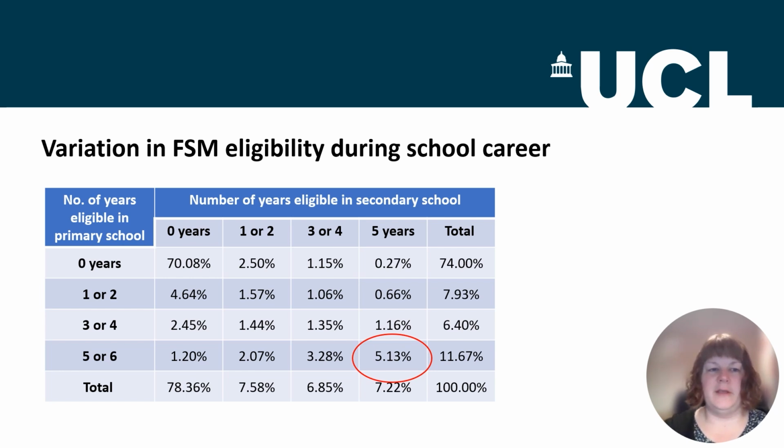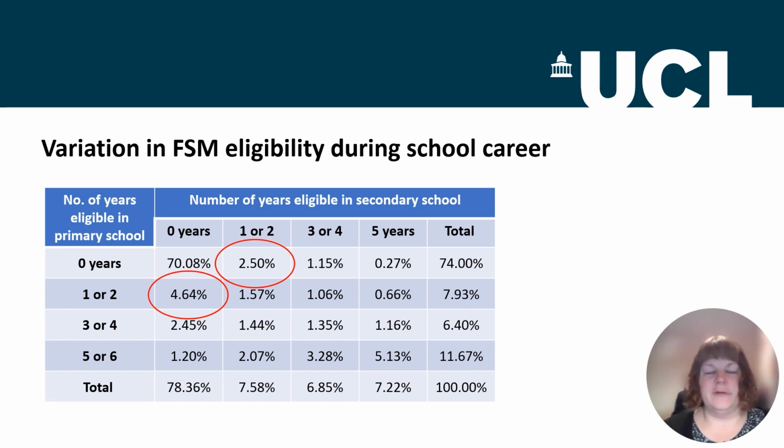But you can see that there's a mixture of individuals spread across the remaining cells of the table as well. So there's quite a lot of movement in and out of the system. And you can see here that for individuals who were eligible for just 1 or 2 years in primary school, about 5% are in that group and then were not eligible at all during secondary school.